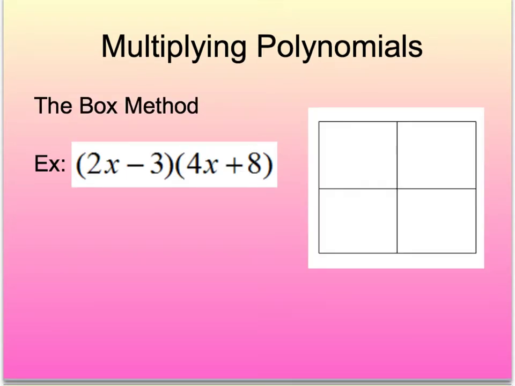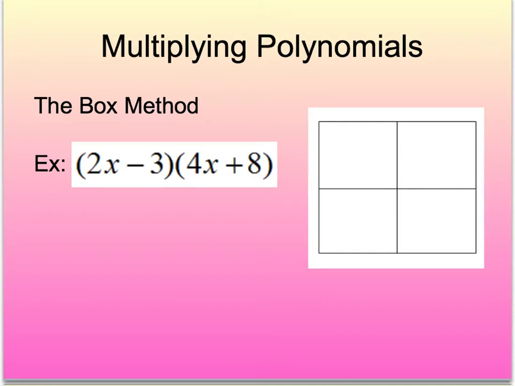Now, the other method for multiplying polynomials is known as the box method, which you may have learned. And I like the box method because it just helps keep things organized, and also when we get to factoring, it makes factoring a whole lot easier if you use the box.